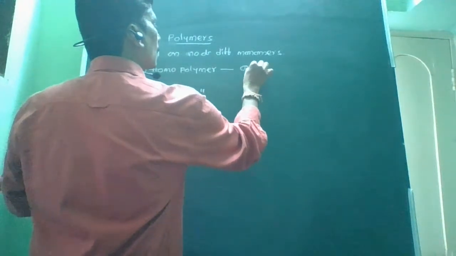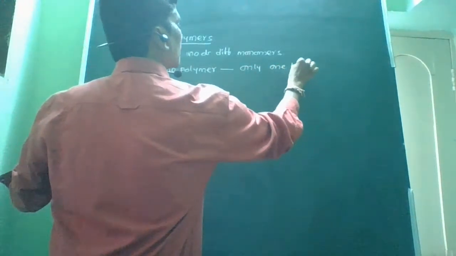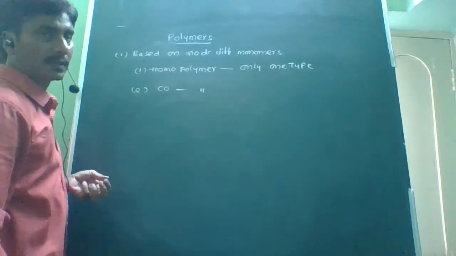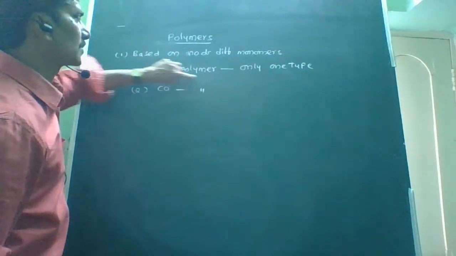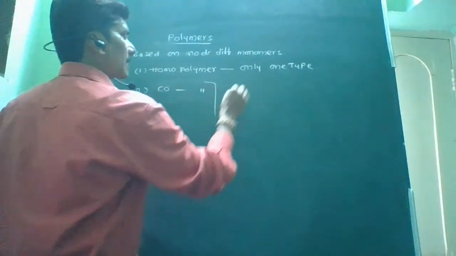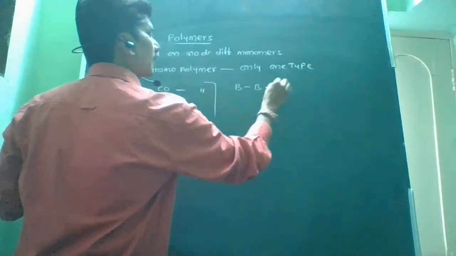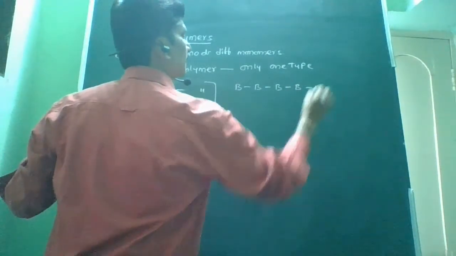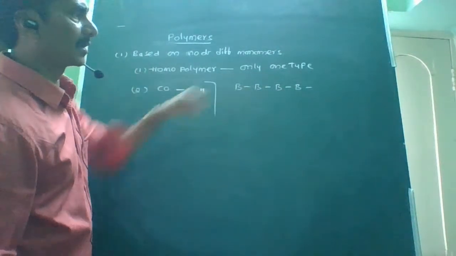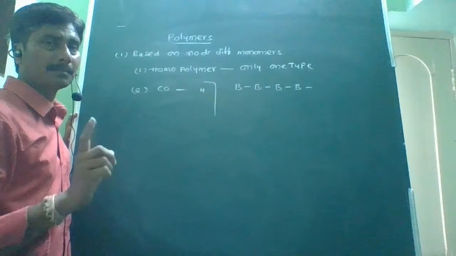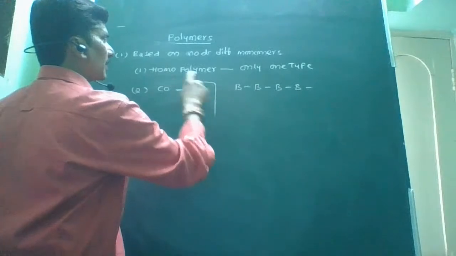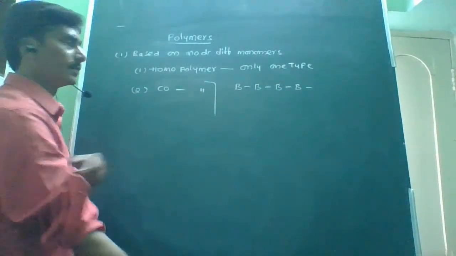If only one type of monomer is used in the formation of a polymer, that is known as the homopolymer. A single molecule is going to be repeating a number of times.